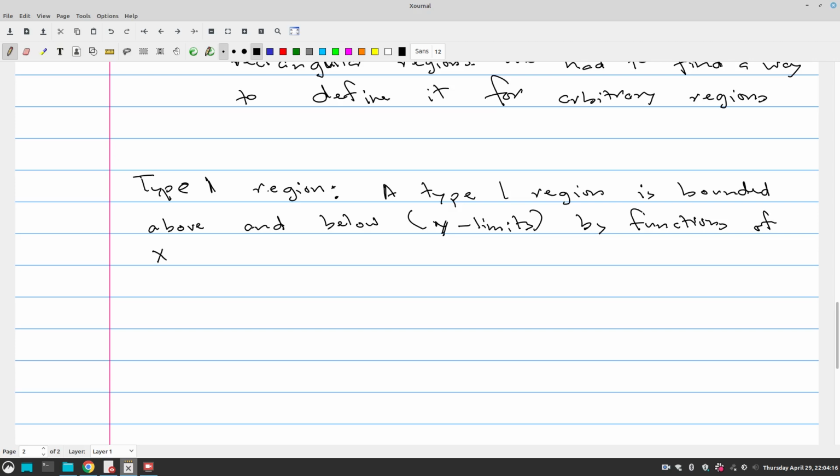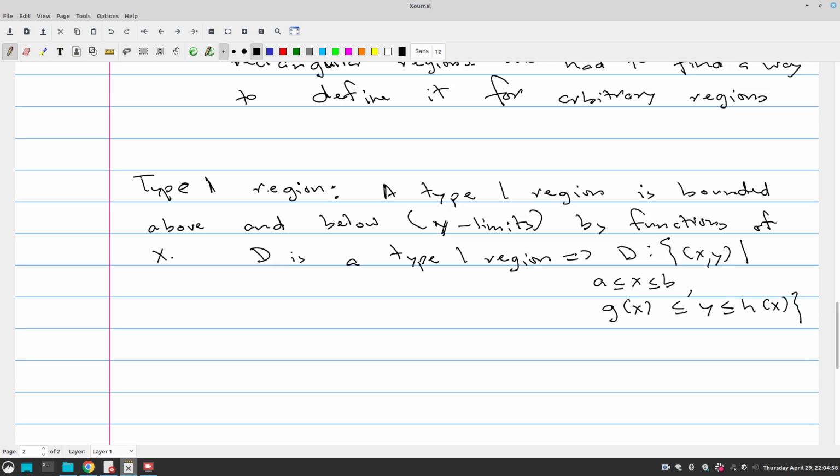Functions of x. So if D is a type 1 region, then D is given by (x, y) where the x limits are constant, but the y limits are given by functions of x.